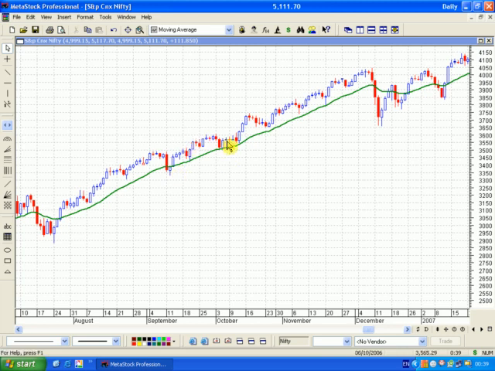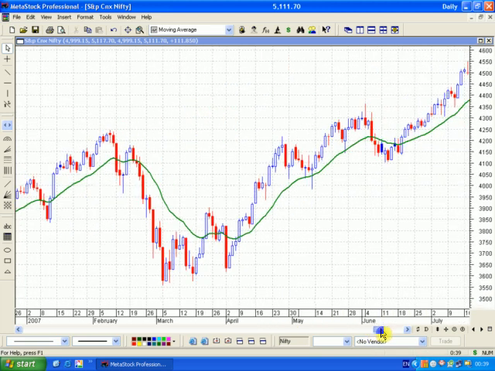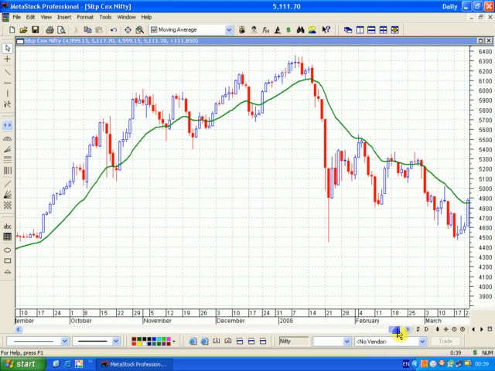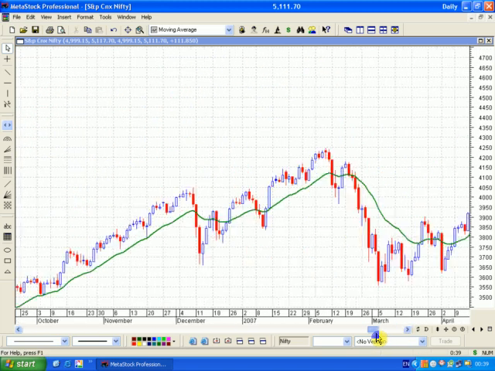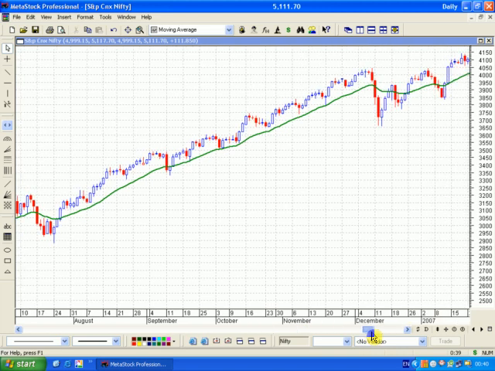Now at this line, we can see that whenever the prices come close to it, they find support near it. Similarly, in a downtrend, whenever the prices come close to it, they find resistance near it. So a moving average provides both support as well as resistance to the prices.